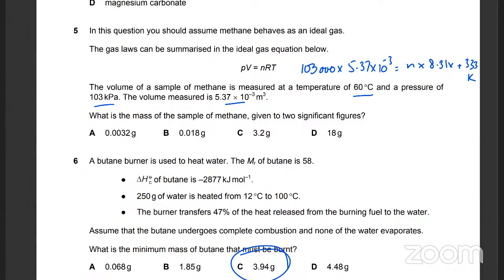Now what's the answer? How many moles? 0.199. Yes, 0.2 moles, right? Then you multiply it by the MR of methane, which is 16. And we don't have this answer. 0.32.